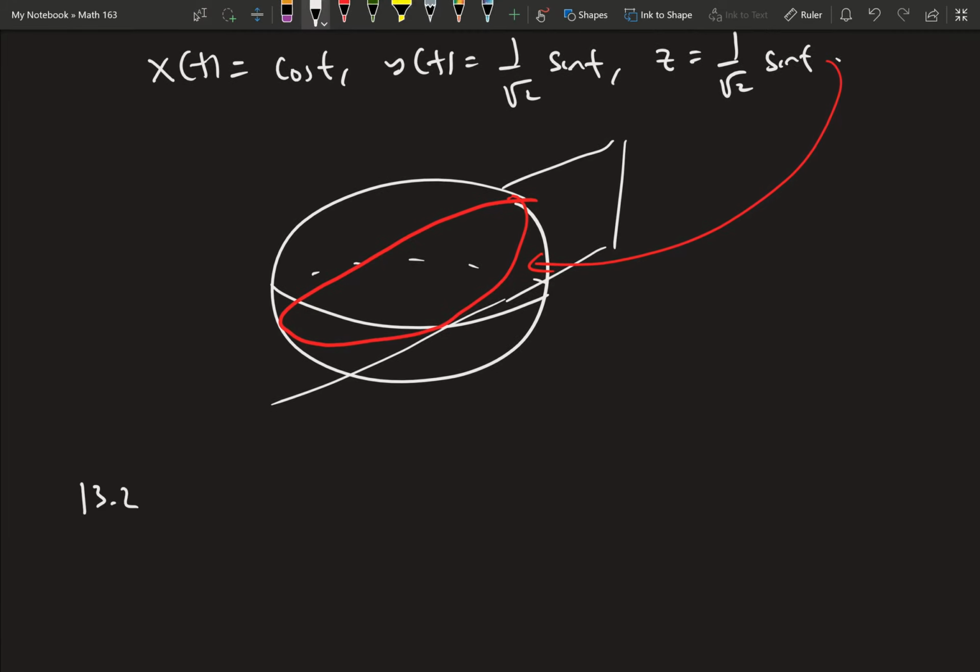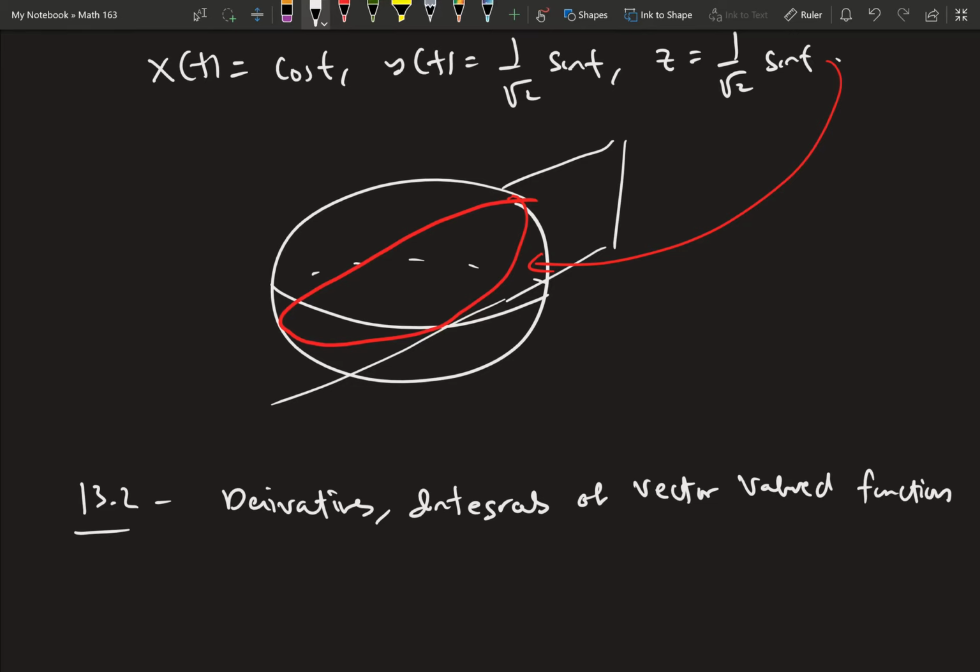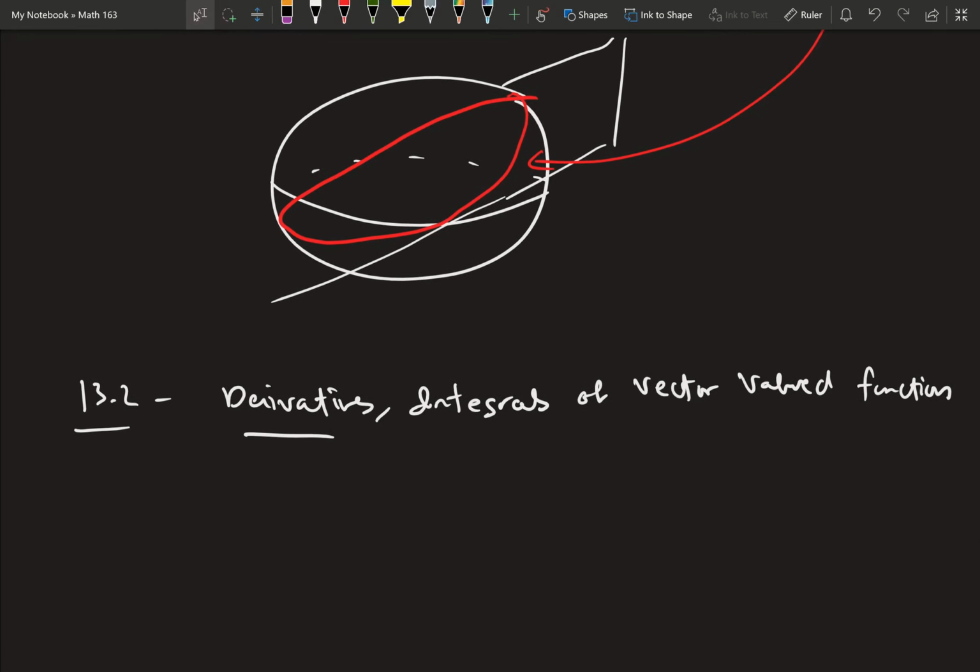So we're going to jump into 13.2 here, which is essentially about derivatives and integrals of vector valued functions. And we'll start off with just the derivatives part, and probably in the next video we'll do the integral part. I kind of mentioned this at the beginning of 13.1, but if you take the limit as t goes to t naught of some r of t, it's just the limit component-wise.